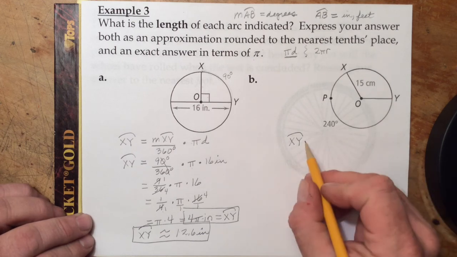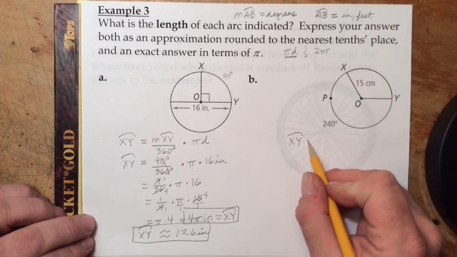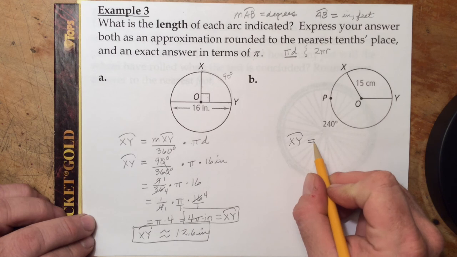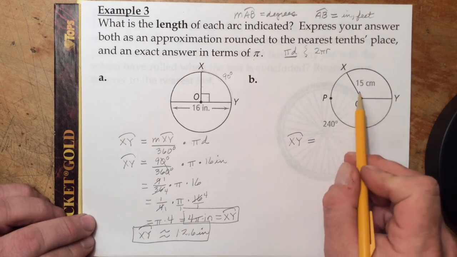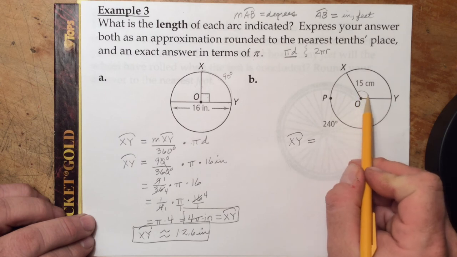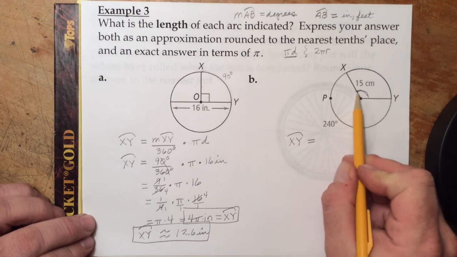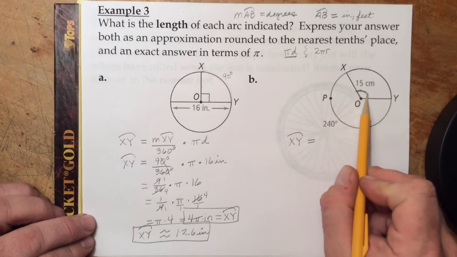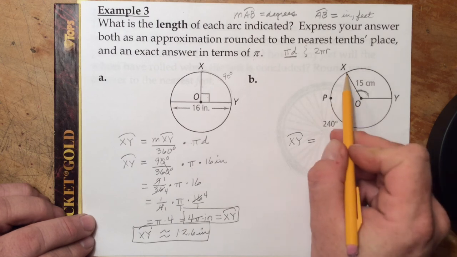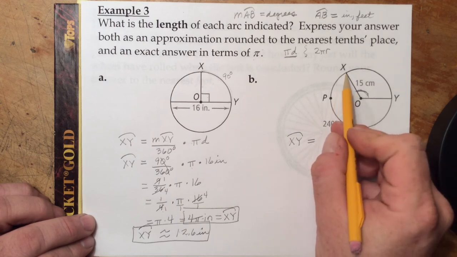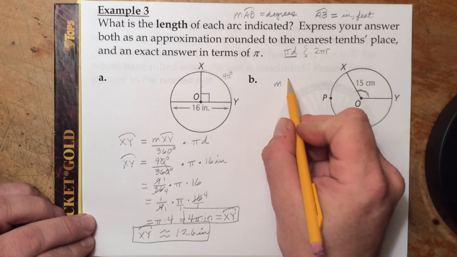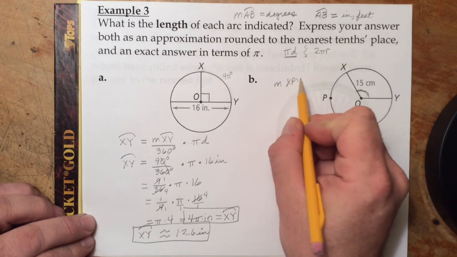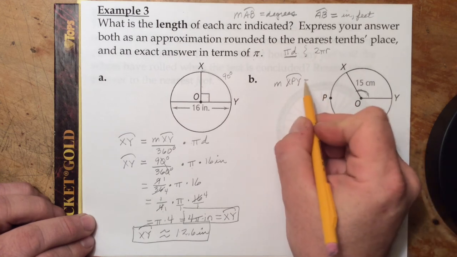Part B, finding the length of arc xy. Again, the formula tells us that we need a ratio of the arc measure, which would be the measure of this right here. We don't directly have that measure, but we do have that the measure of arc XPY is 240 degrees.